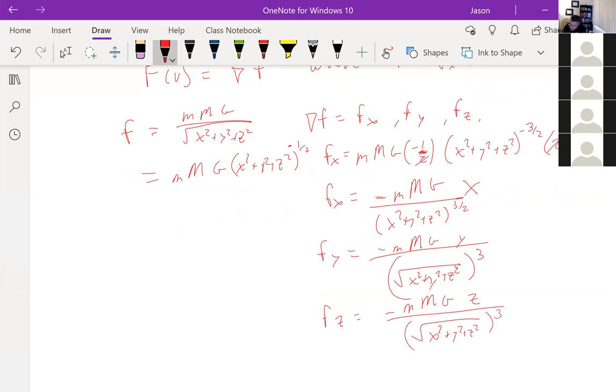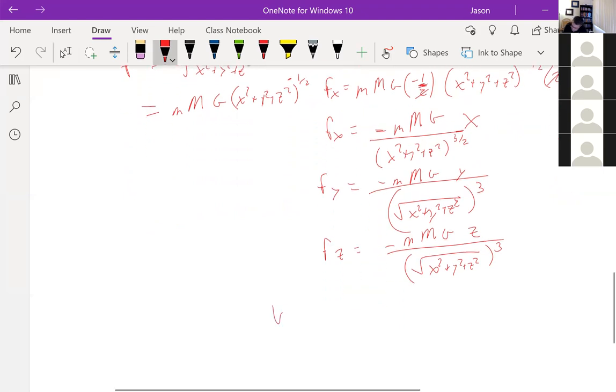Now if I look at this gradient, I have basically the same thing in the front of each of these, except we have the x, the y, and the z, right? So the gradient is still a vector, but I can factor out what they have in common and put that in front.